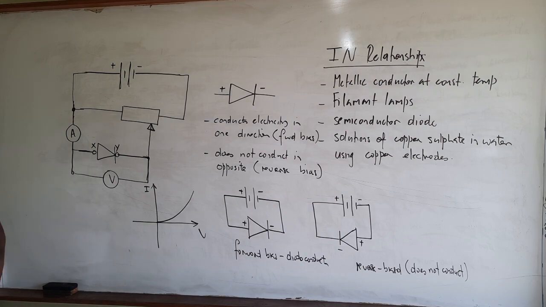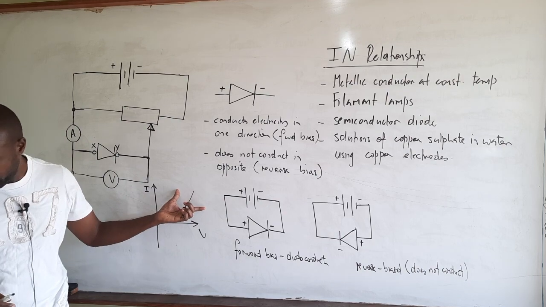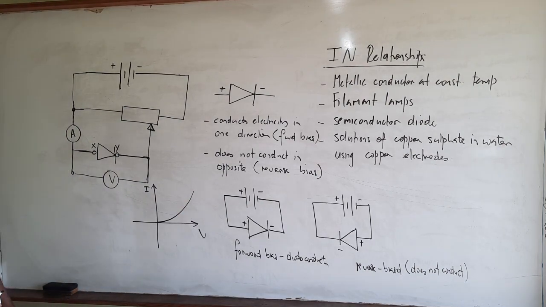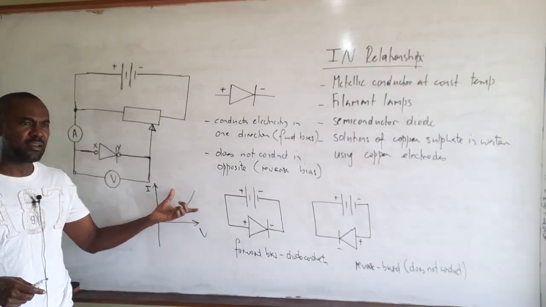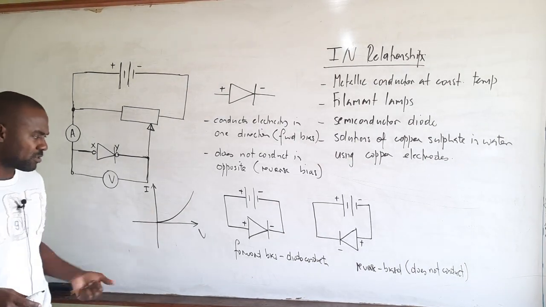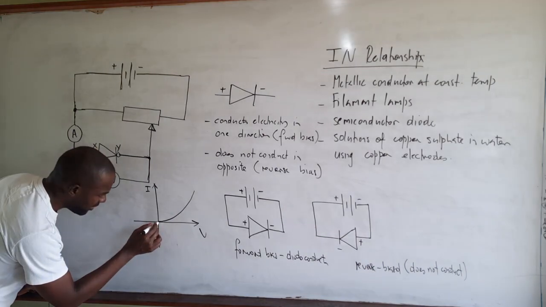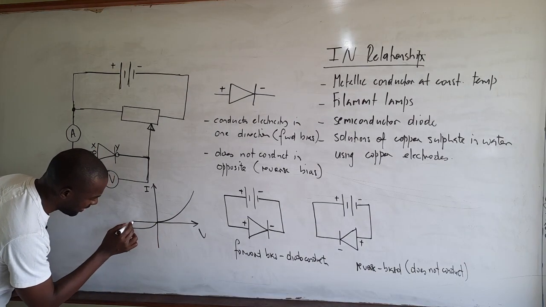So in some books, they may just show the current flowing in the forward bias direction, and they would not show any in the reverse. But of course, it is not uncommon to see a small current in the reverse bias direction, something like that.